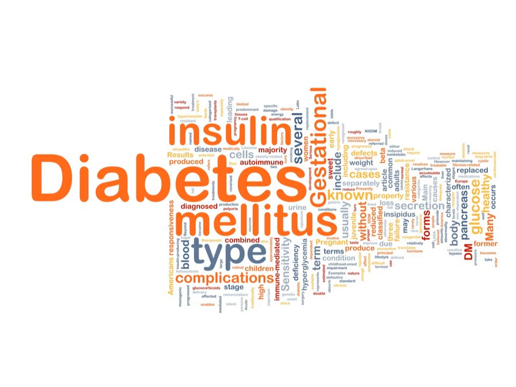The terms type 1 and type 2 are defined in pathological terms, with type 1 mediated through an autoimmune mechanism and type 2 as a condition with a relative deficiency of insulin and insulin resistance.